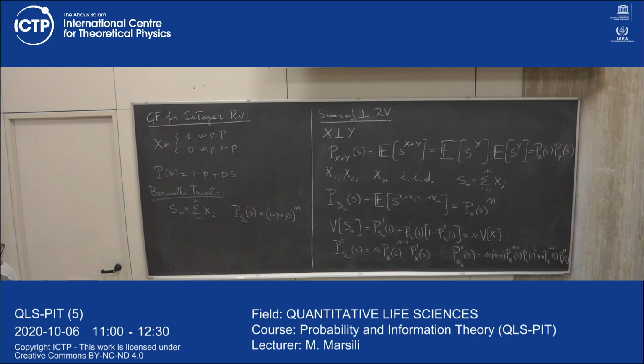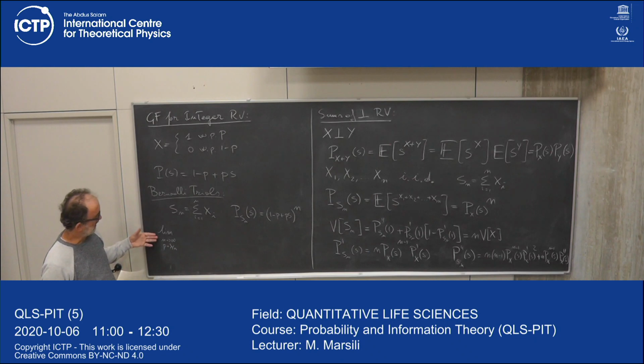Now, again, from this you can compute mean and variance. It's very easy. But another thing that you can consider is the limit when n goes to infinity and p is equal to lambda divided by n.